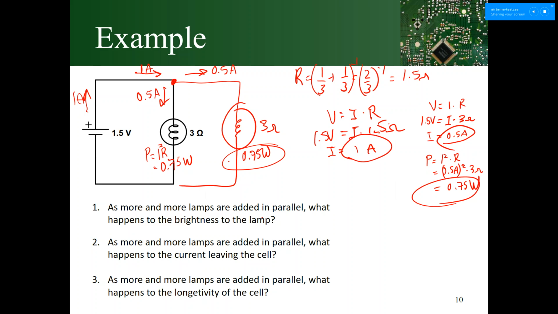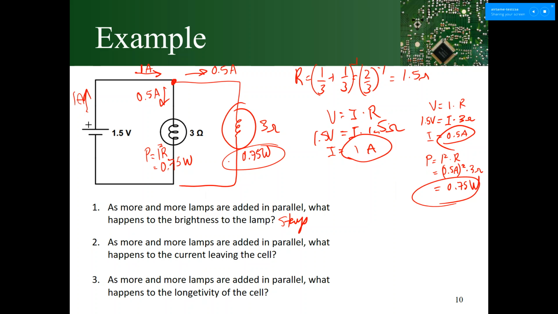One, as more and more lamps are added in parallel, what happens to the brightness of the lamp? What is the answer? Stays the same. I'm glad I only have 1 or 2 students in class today. Everyone else, please speak up. But if you have more bulbs, your resistance goes down and down, and therefore the current goes up and up.